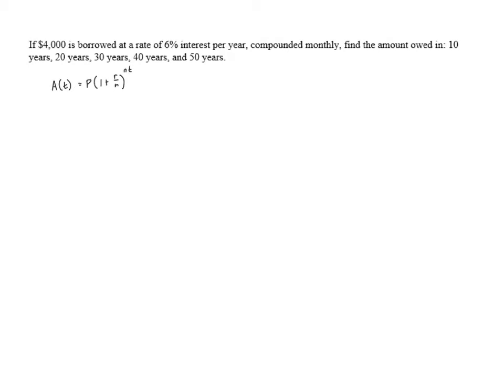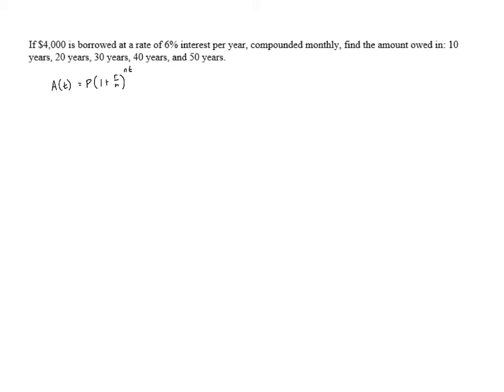Now in this situation, the principal is going to be $4,000. The interest rate is 6%. The number of compounding periods, n, is going to be 12. And then t is going to be the quantity that changes.